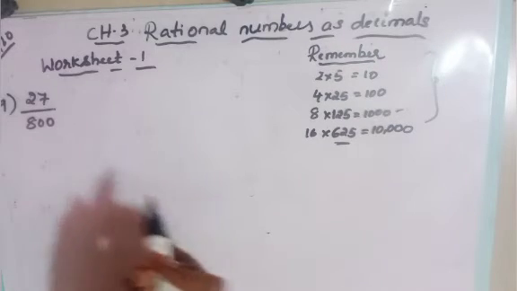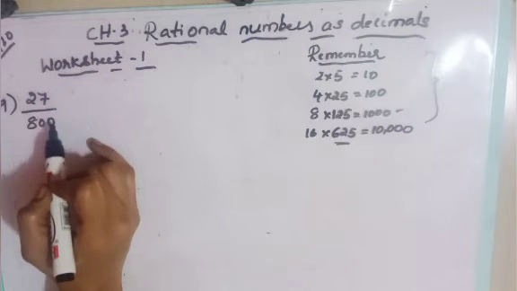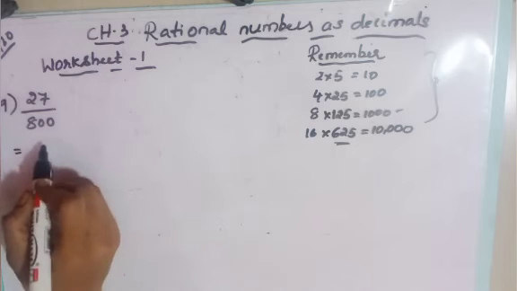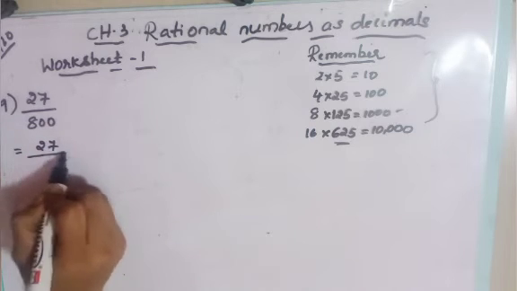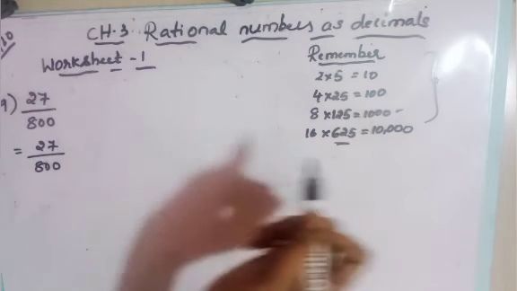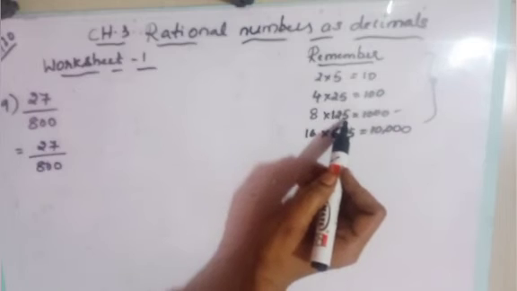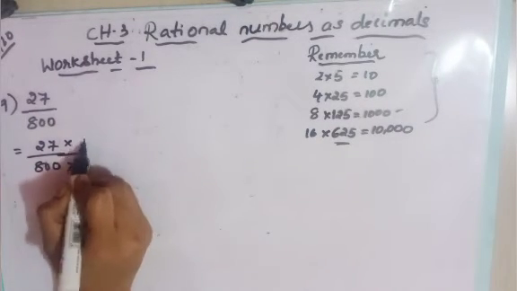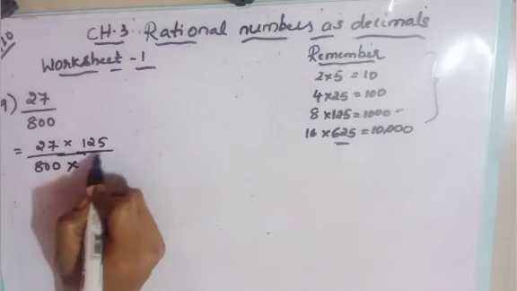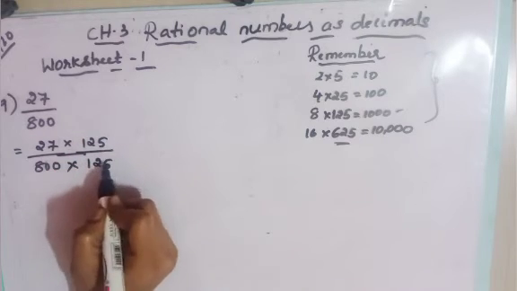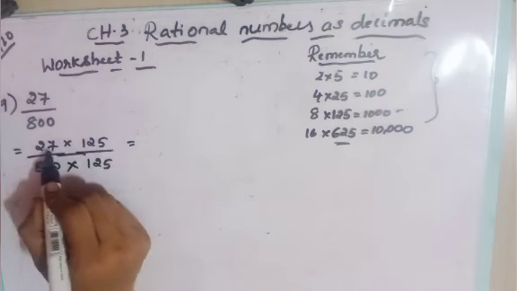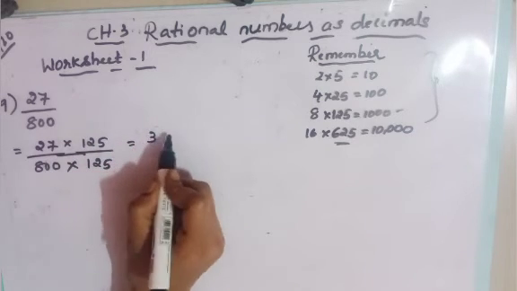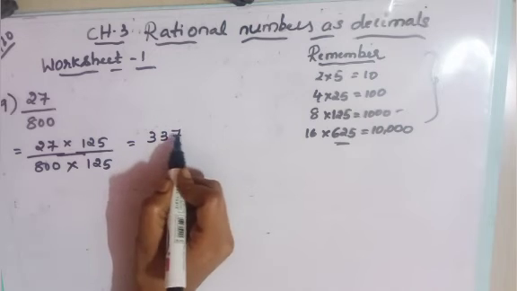Next one, that is 27 by 800. Let us convert this into the decimal form. So 27 by 800. See, if it is 8, we multiply with 125. Here also multiply with 125, numerator and denominator. Next, 27 times 125, when we multiply we'll get 3375.